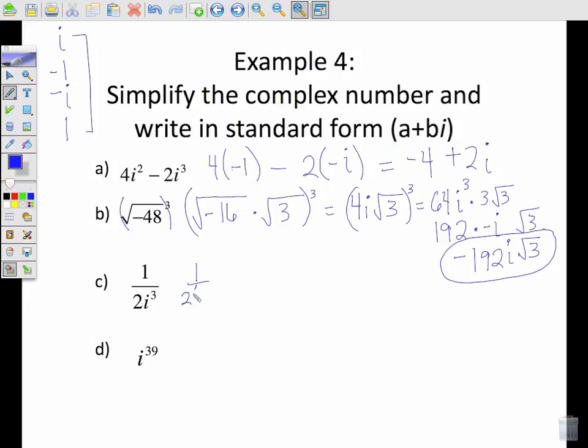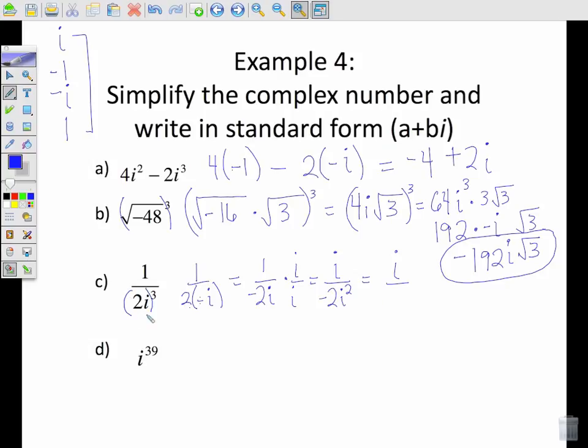You can't have any i's in the bottom of this fraction, but let's simplify what we have. 1 over 2, and this would be a negative i. So I'm going to have 1 over negative 2i. We will multiply top and bottom by i, and you get i over negative 2i squared.